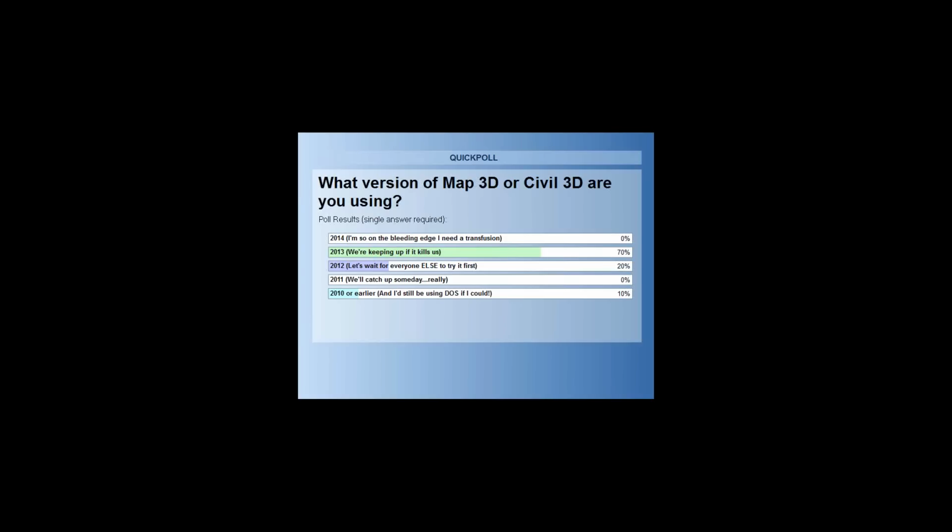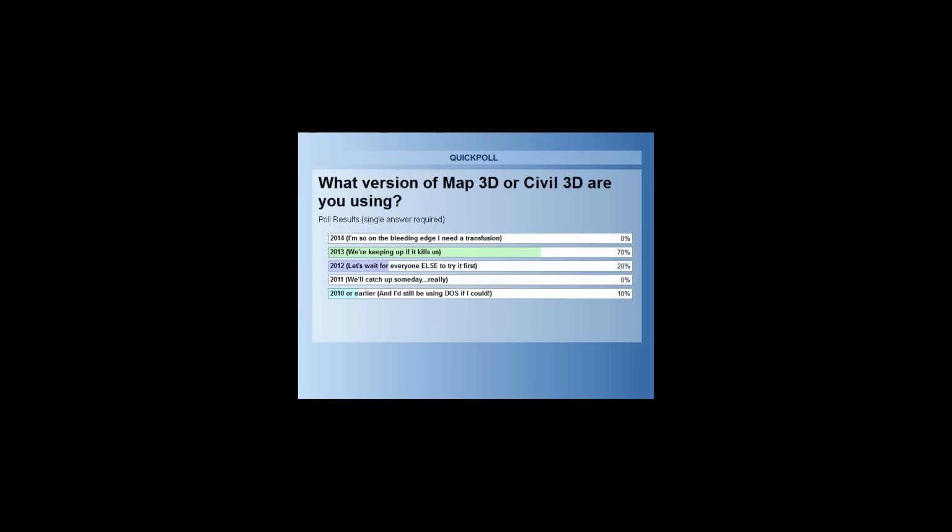a lot of you know this already, but those of you who are on a current subscription for MAP or Civil 3D 2013, either product, you will automatically be migrated at no cost, or at least no upfront cost, in the case of Civil 3D, to Infrastructure Design Suite Premium.